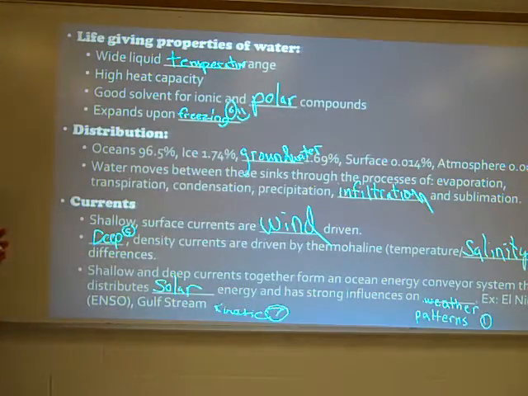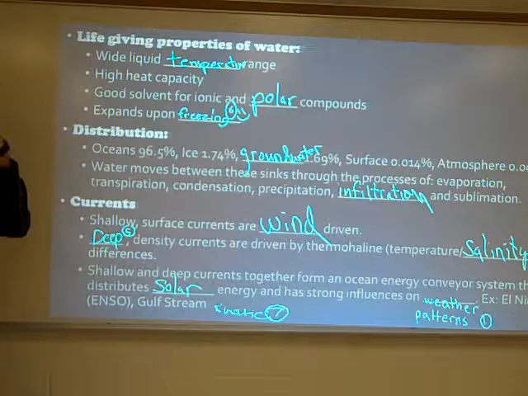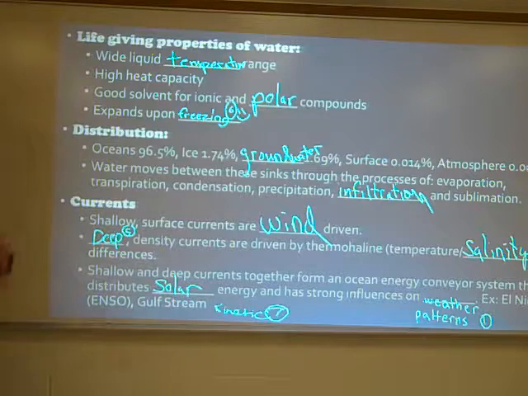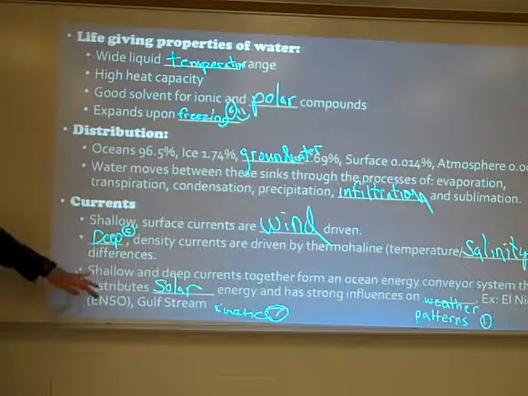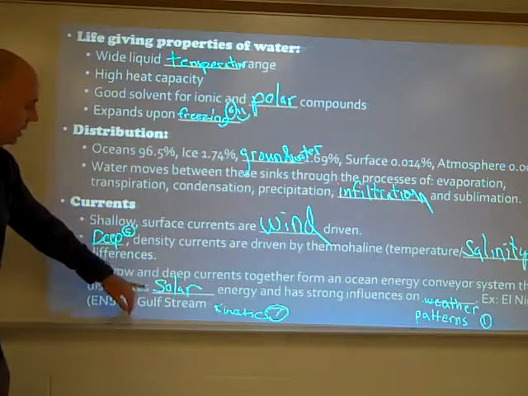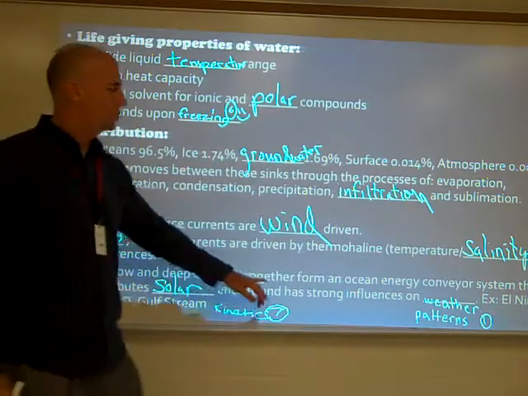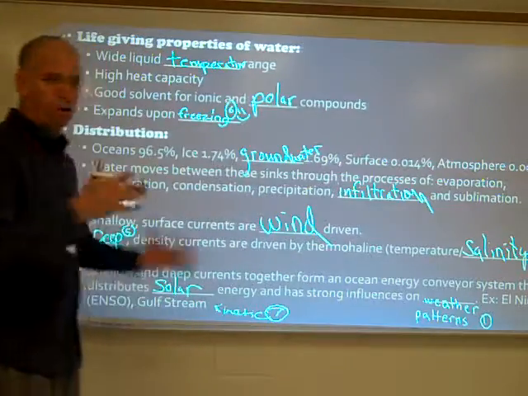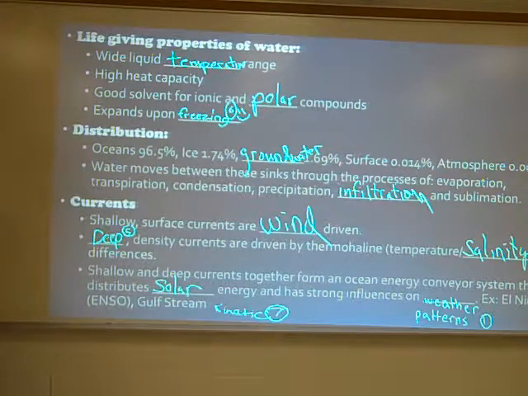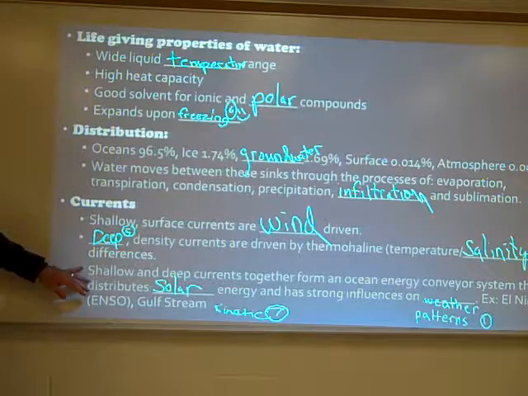If it cools, it's going to become more dense, and the same with salinity: if it becomes more salty, it becomes more dense. And when things become more dense, they sink. So that water sinks down, travels along the ocean floor, and comes up in certain areas, pushing up against continents. As we'll see when we look at the biology of this, that brings a lot of nutrients to the surface. All those patterns together, and I'll show you a diagram if we have time, are what we call an ocean energy conveyor system. They're all connected, and it distributes energy and nutrients around the globe.